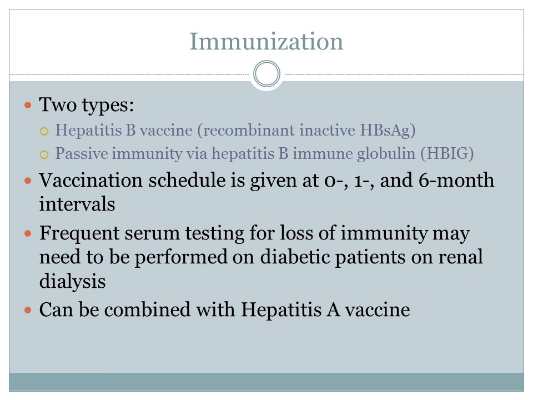There are 2 types of immunization: hepatitis B vaccine and the passive immunity with hepatitis B immune globulin. The immunization schedule is typically given at 0, 1, and 6 month intervals. However, there is loss of immunity with immunosuppression, in those with diabetes, and on renal dialysis.